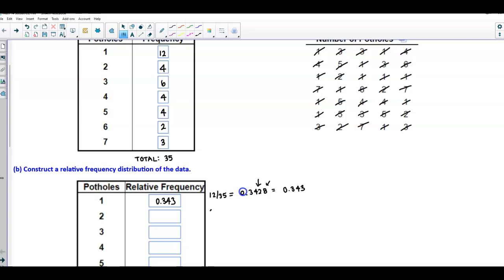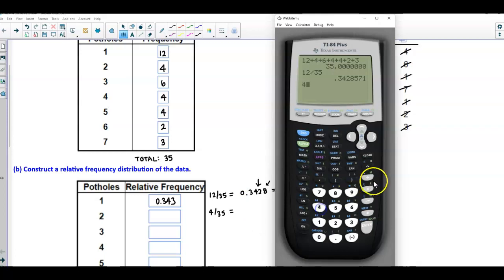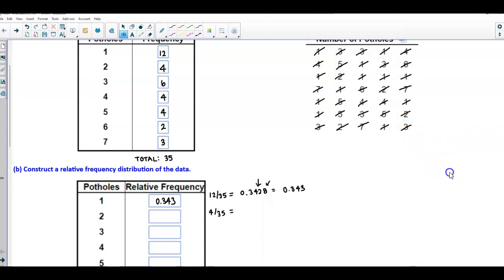The next number is 4, and we're going to divide that by 35. So 4 divided by 35 gives us 0.1142. This is our rounding digit. Our testing digit tells us to keep it the same, 0.114.